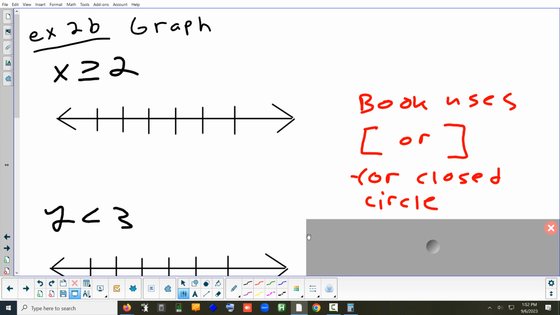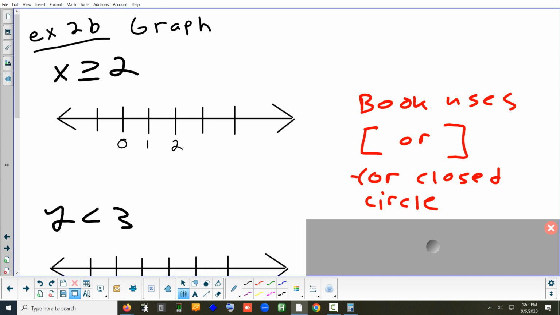So closed circle means equal to. When you fill in the circle, you can equal the value. When you don't fill it in, you can't equal it. Well, same idea here. If I wanted to represent all numbers greater than or equal to 2, and I want to do it the way the book's going to do it, I would use a bracket in place of a filled-in circle.